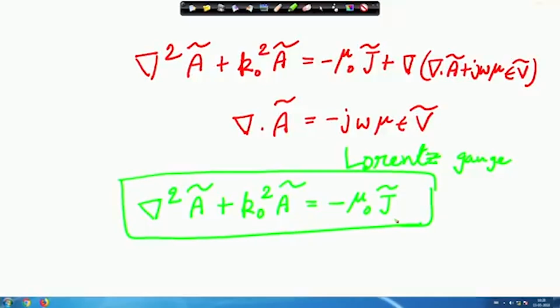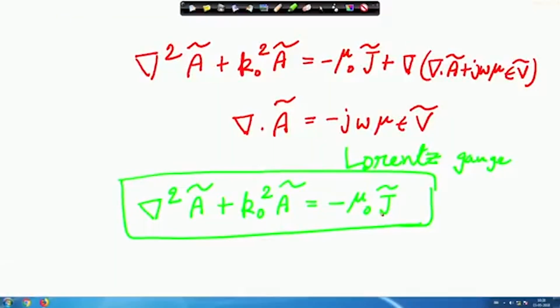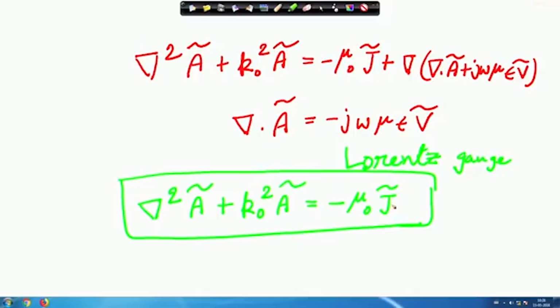Instead of solving the electric field equation directly, we will solve this equation, and this equation has a beauty. You see that Laplacian of a vector, that is a vector. So, what is the direction of A? Direction of A is simply the direction of j.